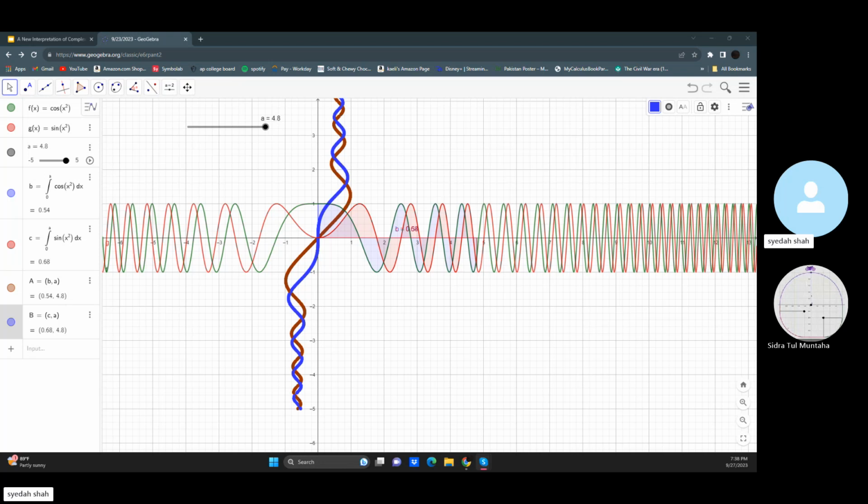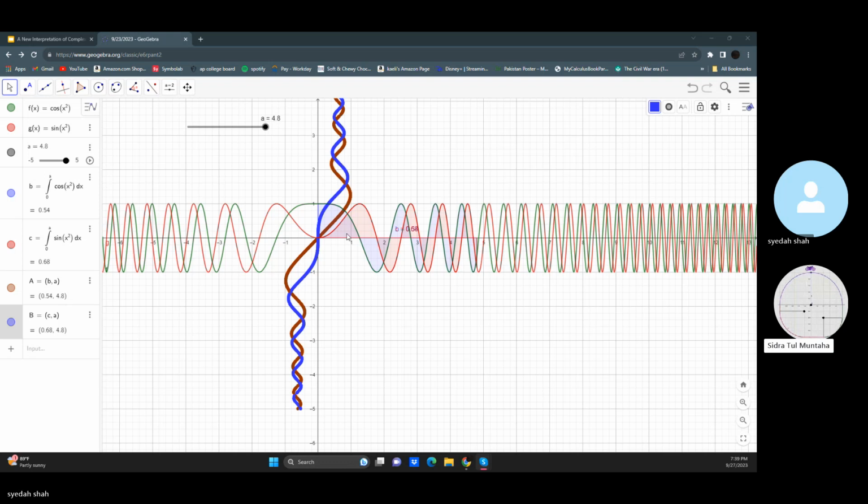I guess instead of taking the area under the curve, you take the area to the curve. No, we just want to shift it to the x-axis.